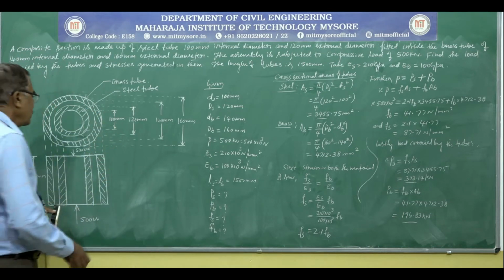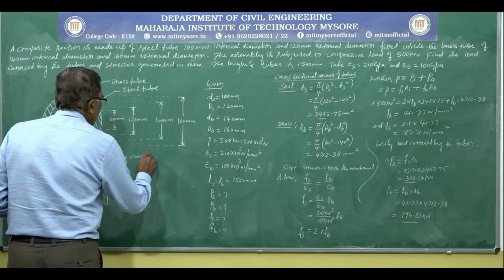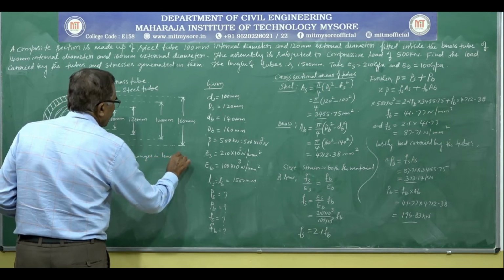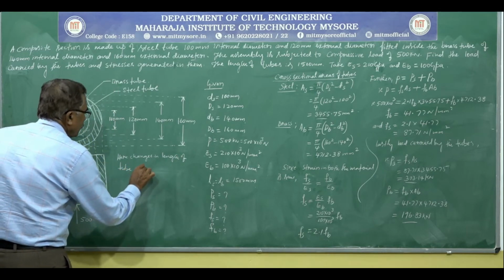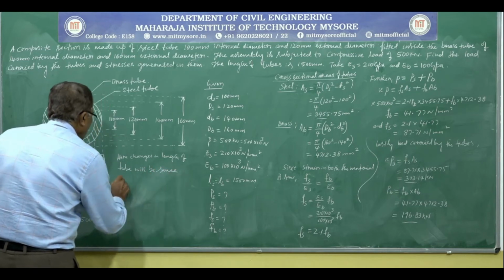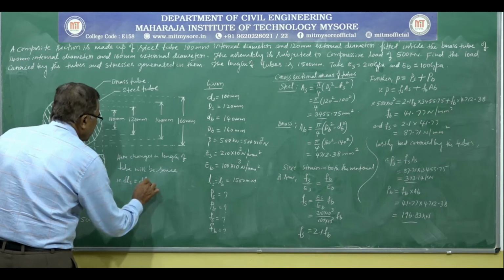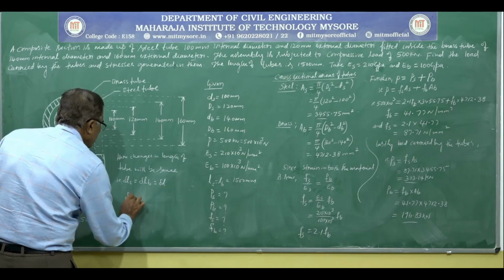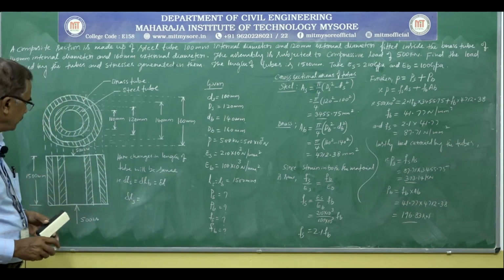Hence, here changes in length of tube will be same, that is delta Ls is equal to delta Lb, that is equal to delta L. If you substitute values for any one, it will be the same for other material.